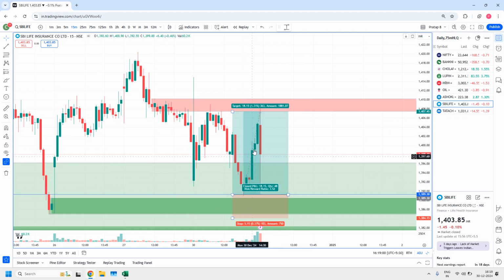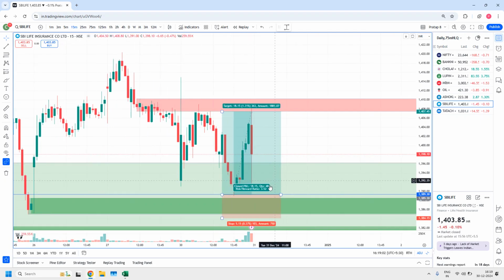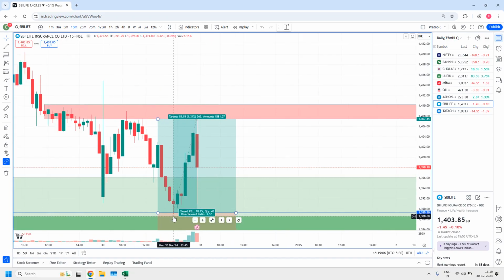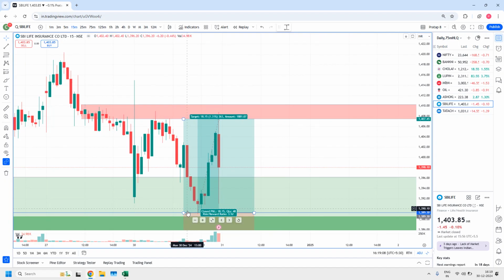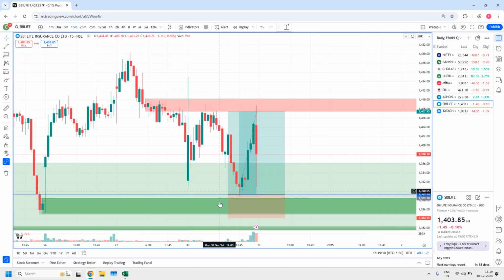But remember, the price moved just before your 5-minute proximal. Definitely you have to keep some entry buffer to make it execute. If anybody had not kept an entry buffer, probably your trade would not have been executed.